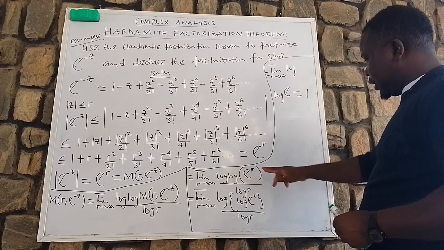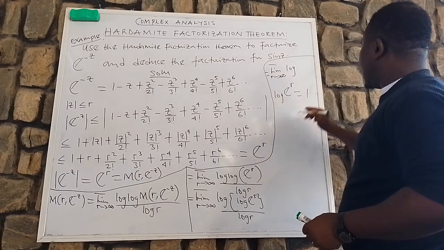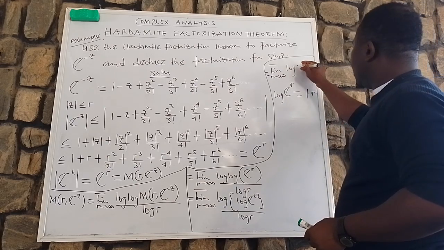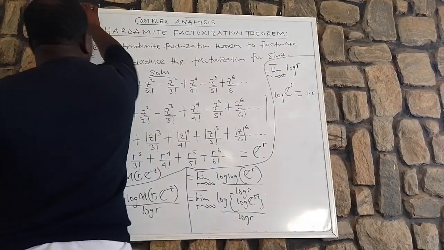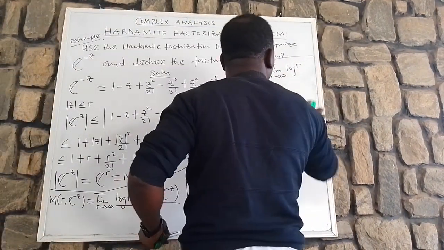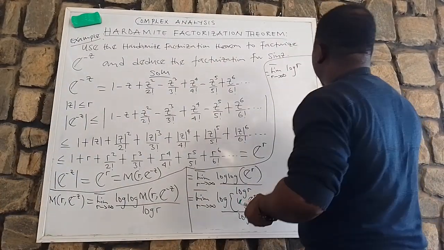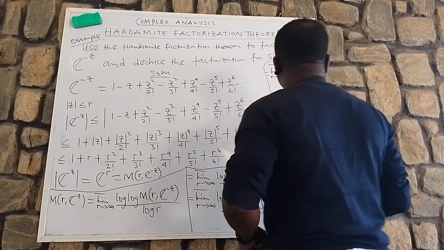So here, since the exponential is exponential r, r times 1 is the same thing as r. So here will be r, amen. Please take note. Here will be r, here will be r. So if you agree with me, all over log r.